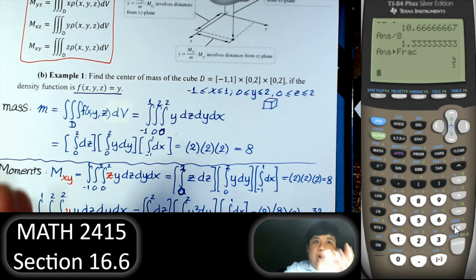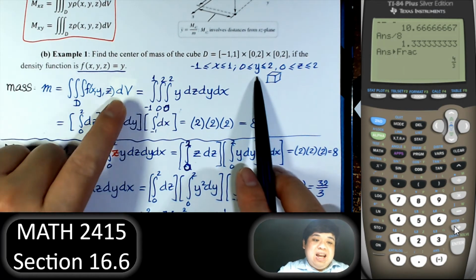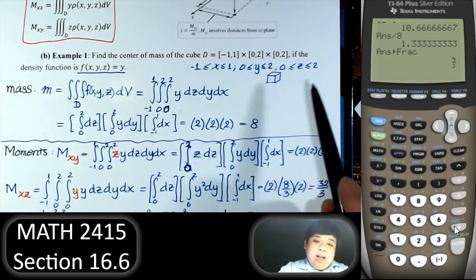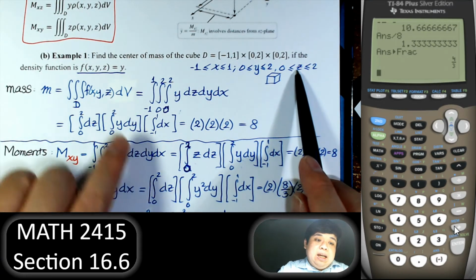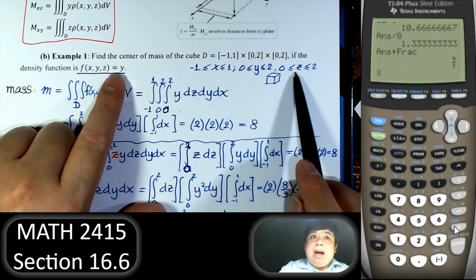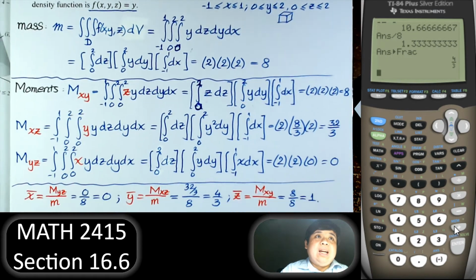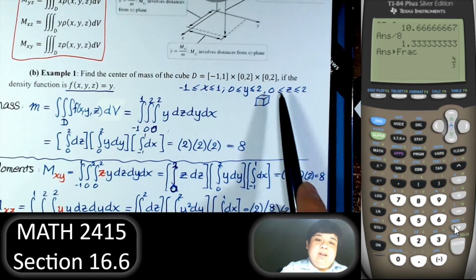The x value should be right between the x values. The y values will not be between the y values, because of the density function. But the z values, the density is independent of z, and this is a cube, perfectly symmetric about x, y, and z. So the z bar should be right in the middle of 0 and 2.